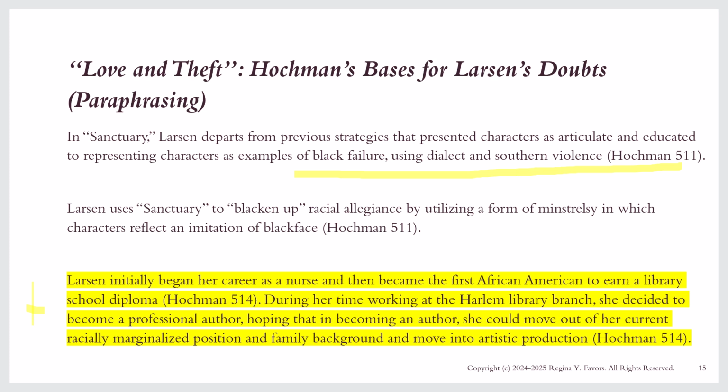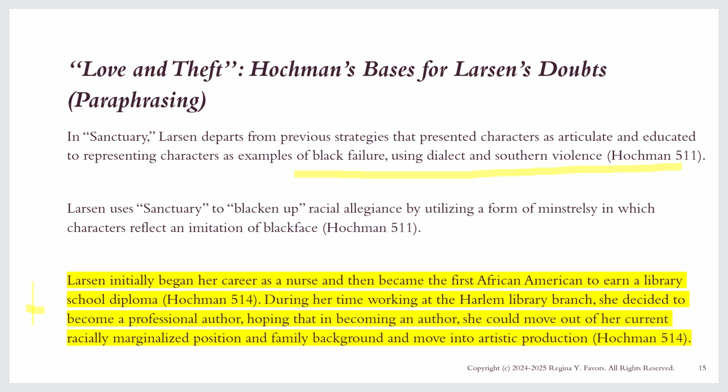She joins the Harlem Renaissance and becomes a writer, wanting to become a professional author so that she can be accepted without necessarily having to call attention to her cultural ethnic ancestry, right?